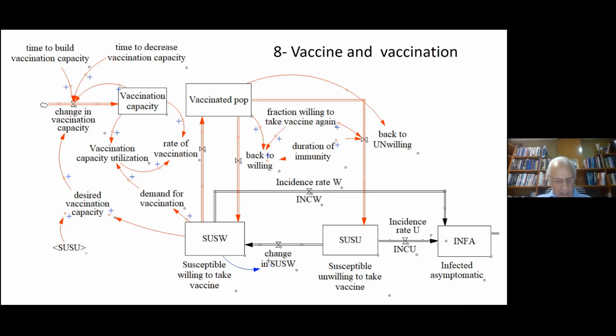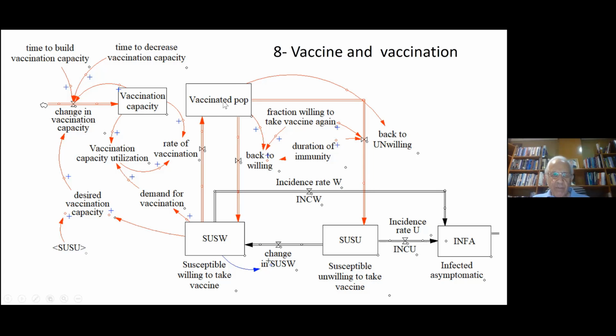Of course, in the model we added effectiveness of the vaccine, and some vaccinated people might get infected depending on the effectiveness of the vaccine that they take. But we have not put that detail here.